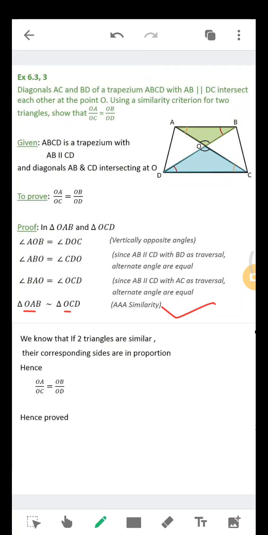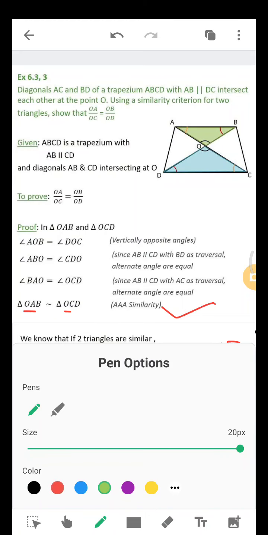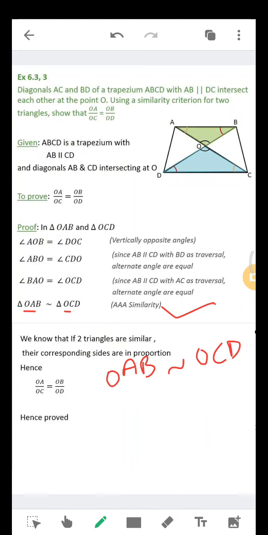Whenever you are writing similarity of triangles, let me show you the trick of writing the corresponding sides. Imagine triangle OAB is similar to triangle OCD. When you want to write corresponding sides of these two triangles, you can just take the first two letters and the first two.